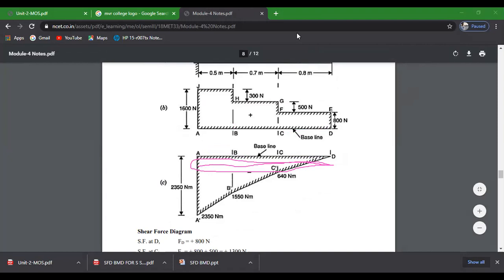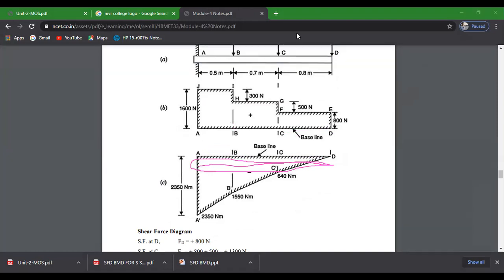This is the baseline here, and this is the baseline here. From here, we need to construct a bending moment diagram.